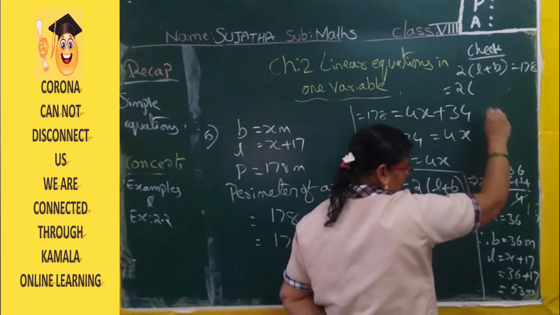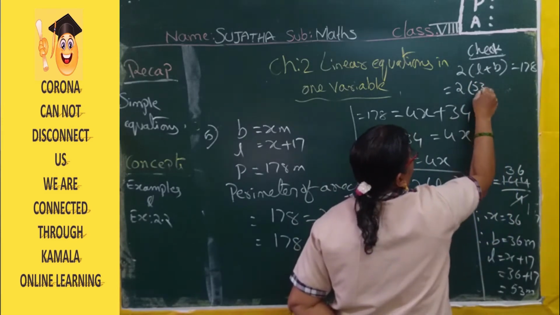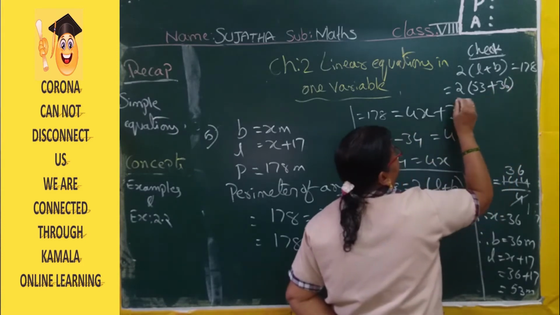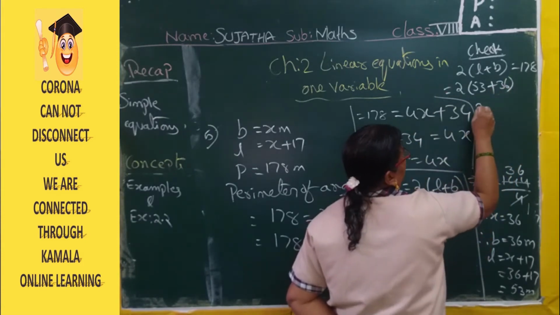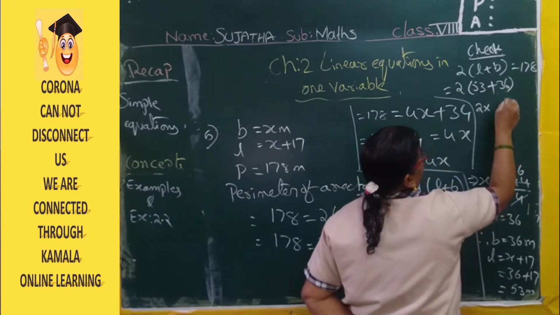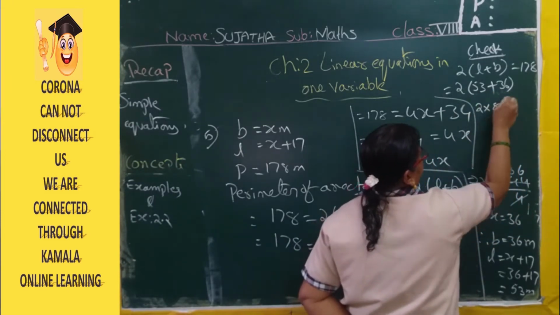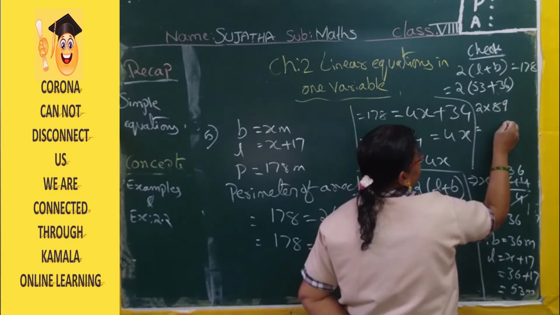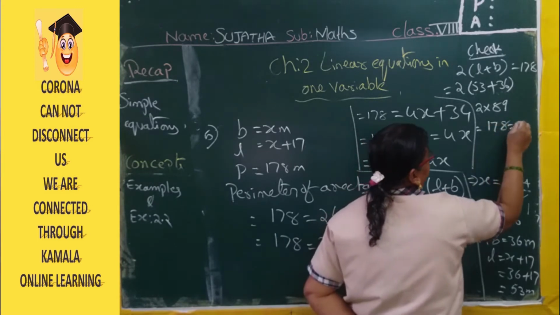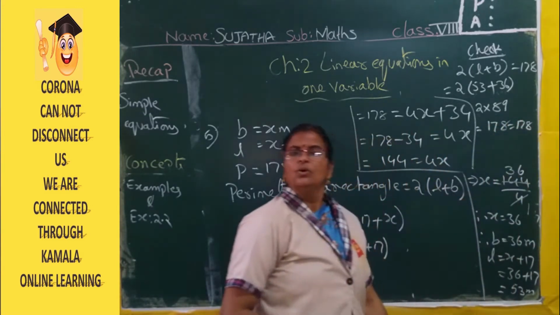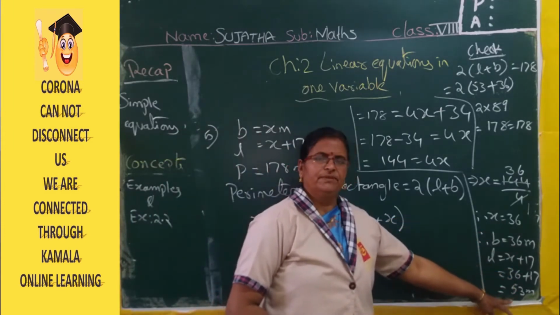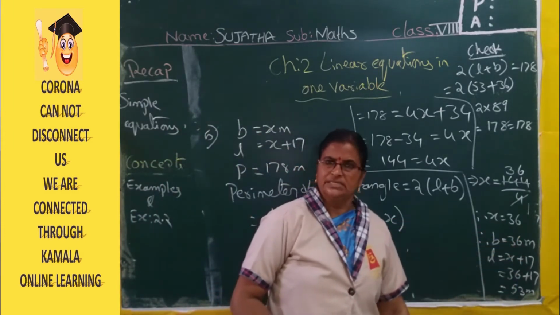Now 2 of length, how much did we get? 53. 53 plus breadth will be 36. 2 of 53 plus 36. 6 plus 3, 9. 3 plus 5, 8. Now multiply. 2 9s are 18. 1 carry. 2 8s are 16. 1 17. 178 is equal to 178. So we got it. So what is the length? Length will be 53. Breadth will be 36.